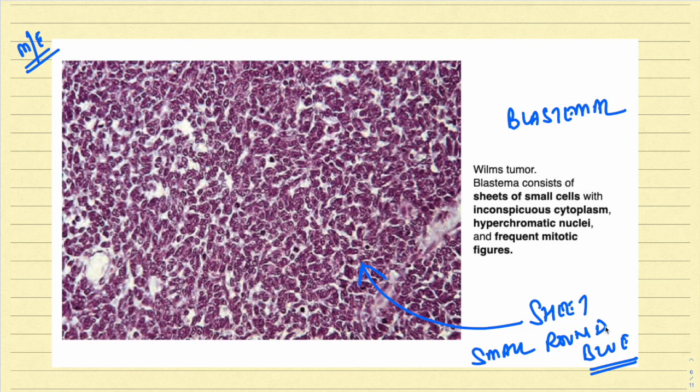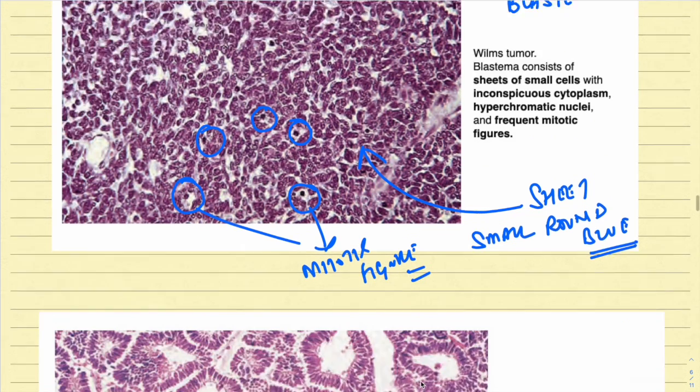The nucleus is hyperchromatic and there are frequent mitotic figures, as we can appreciate in this particular diagram. These are all the mitotic figures that we can see. So this constitutes the blastemal component of the Wilms tumor.